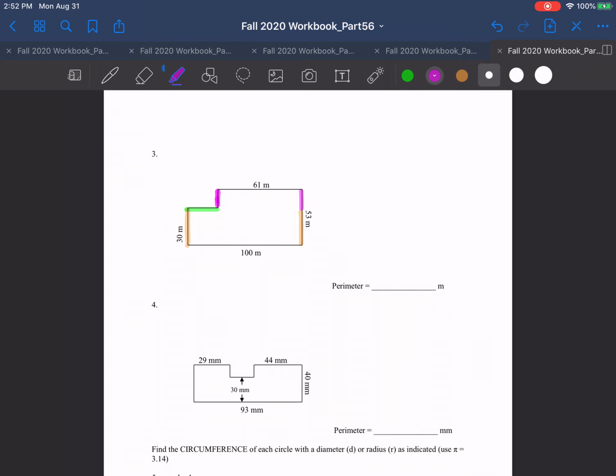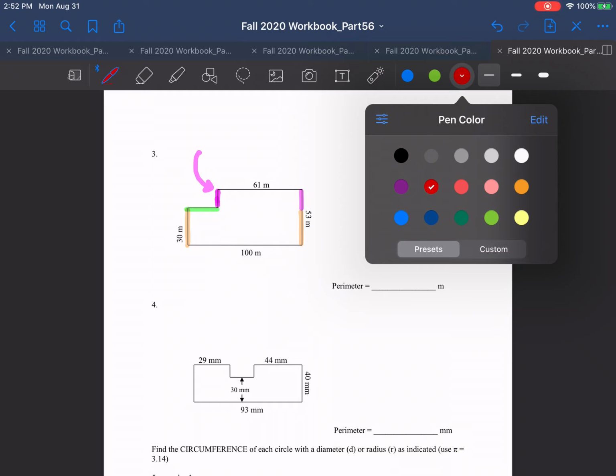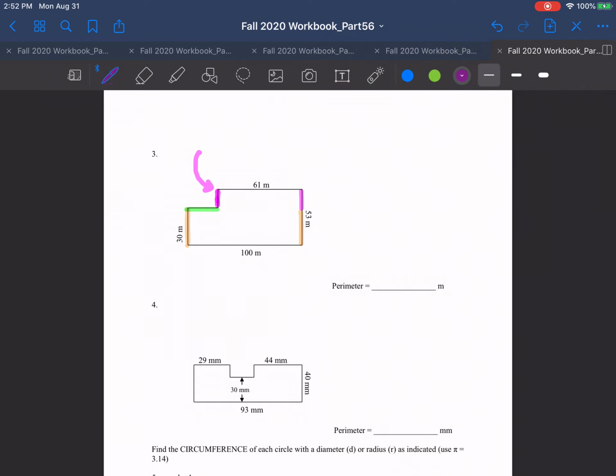So that means that our pink side right here, or maybe it's a purplish side, we have to be able to say that that equals 53 meters minus the 30 meters, because the pink side plus the brown side equals the 53 meters, and so if we take the brown side away from the 53, what we have left over is that pink side.